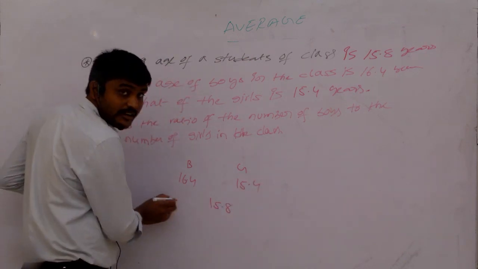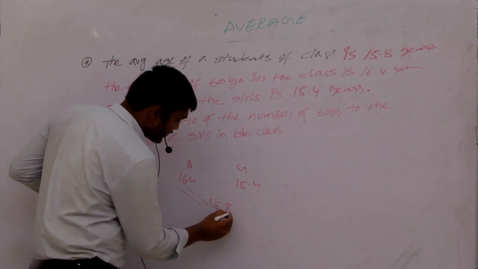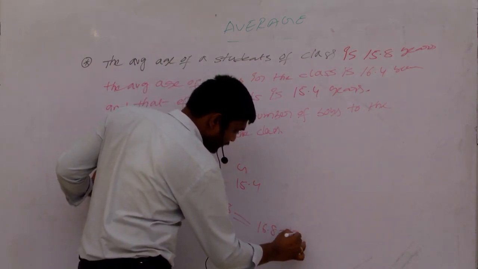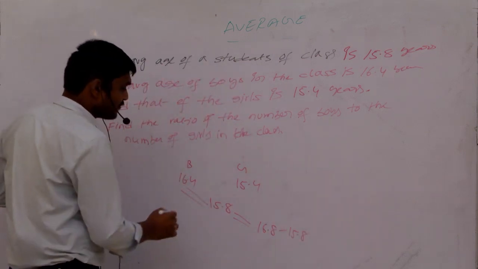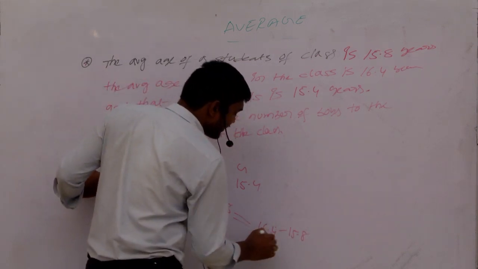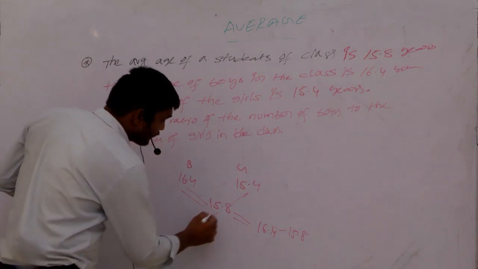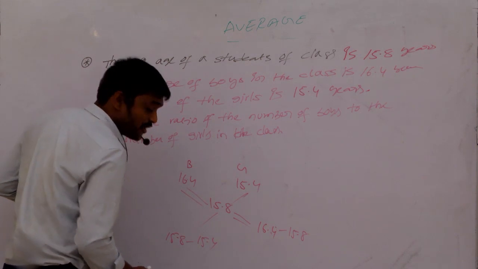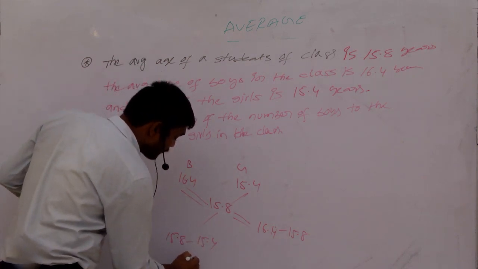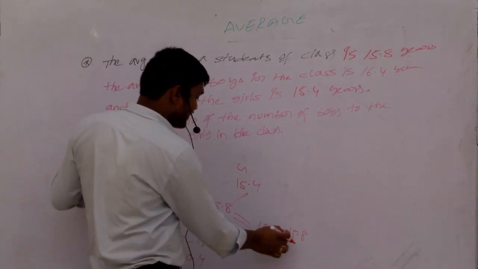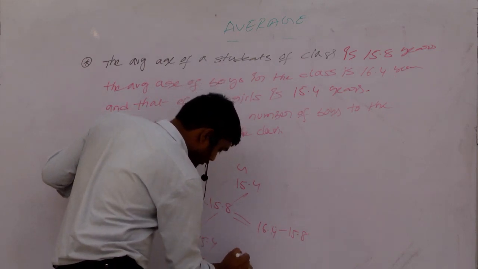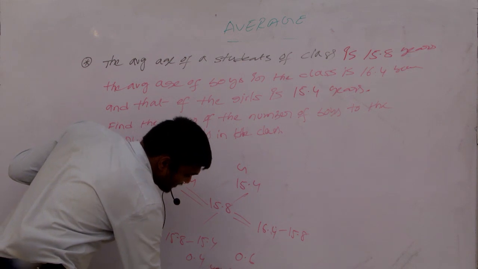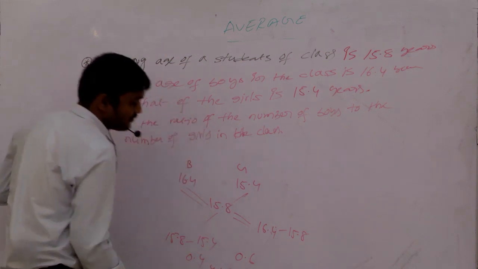So, according to the rule of elimination, 16.4 minus 15.8, and 15.8 minus 15.4. So that is 0.6 and 0.4. That is 4 is to 6, that is 2 is to 3.